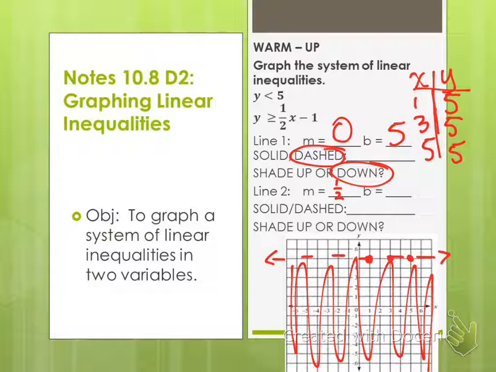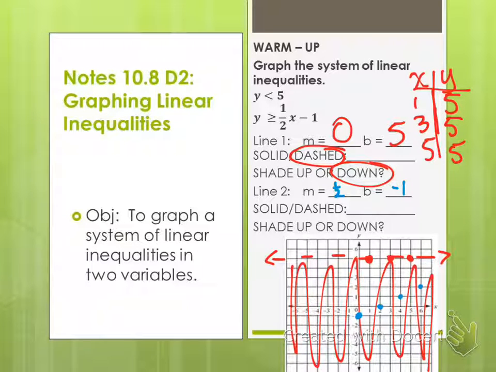Wonderful. 1/2 and -1. We start, I'll do a different color. We'll start our graph at -1 on the y-axis. 1/2 is our slope, so we are going to rise 1, run 2.